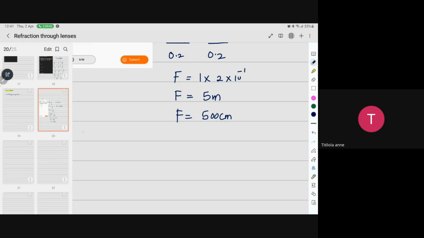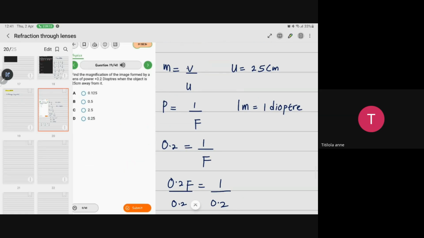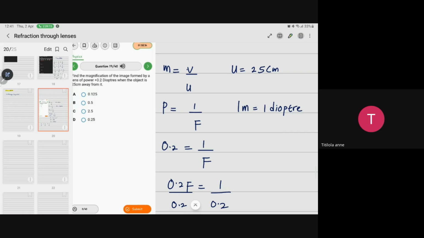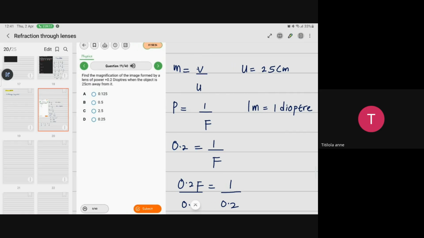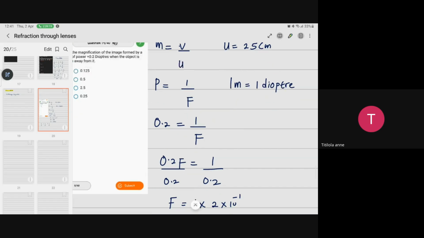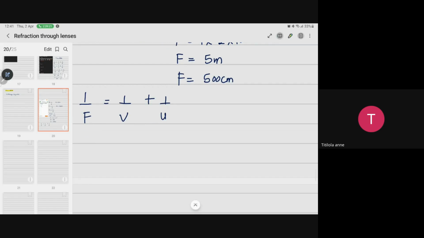All right, so I now have that 1 over V is equal to 1 over F plus 1 over U. Now, U is 25. I'm looking for the magnification, isn't it? So this is 1 over 500 is equal to 1 over V plus 1 over U.